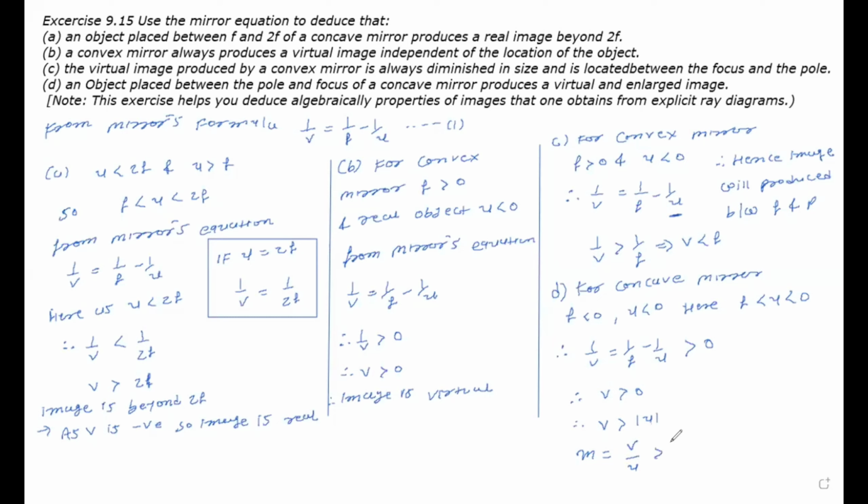This term becomes greater than 1. So here I can say the virtual and enlarged image is obtained for an object placed between the pole and focus of a concave mirror.